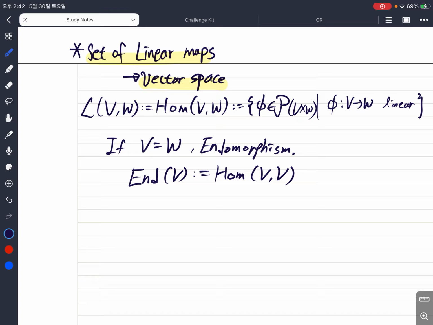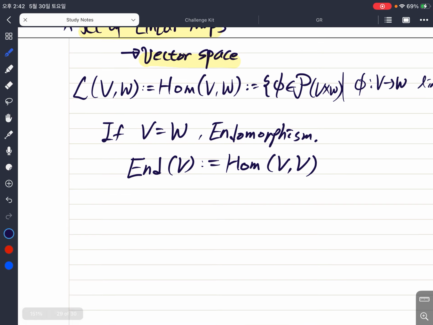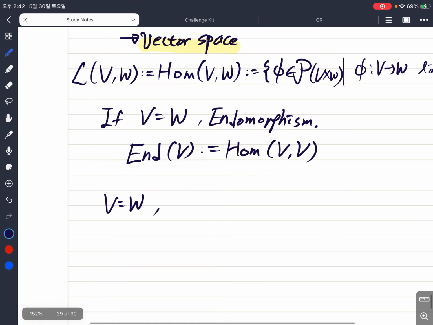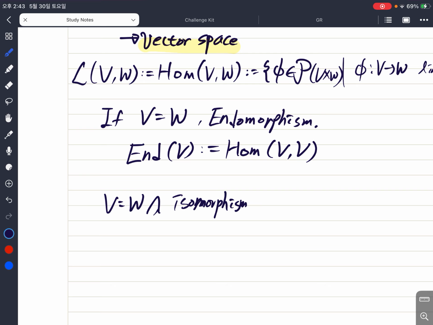And if it is an isomorphism into itself, so V equals W and also an isomorphism, if both are true, we call it an automorphism.